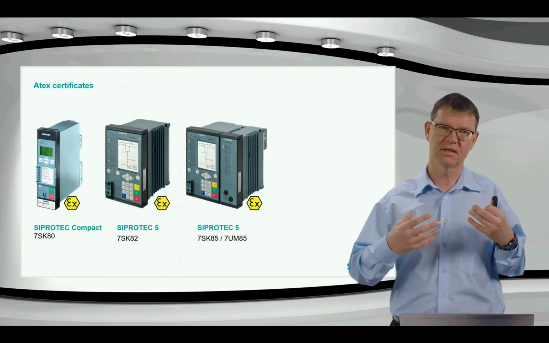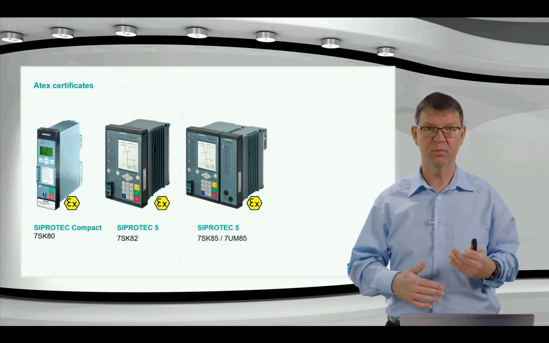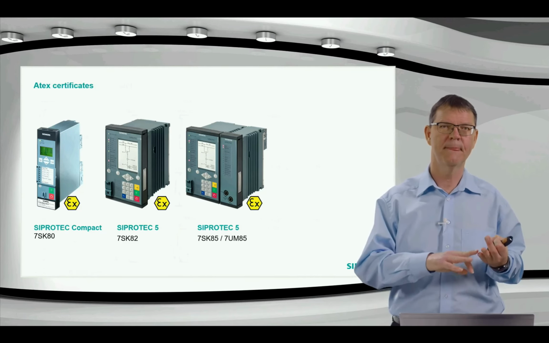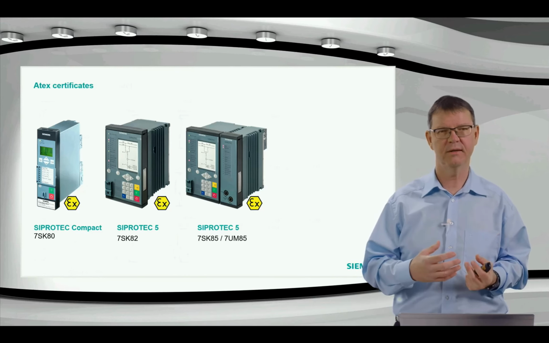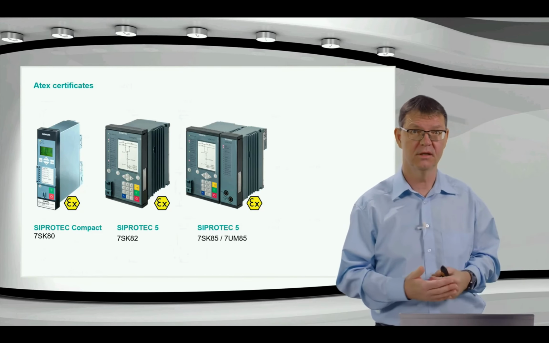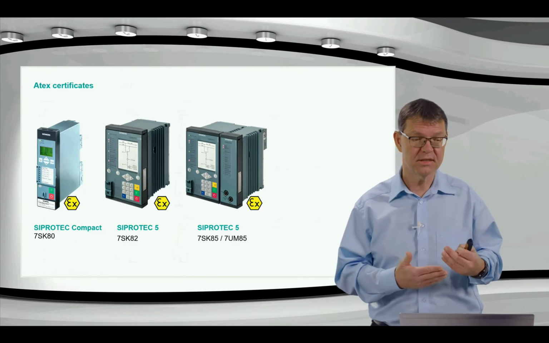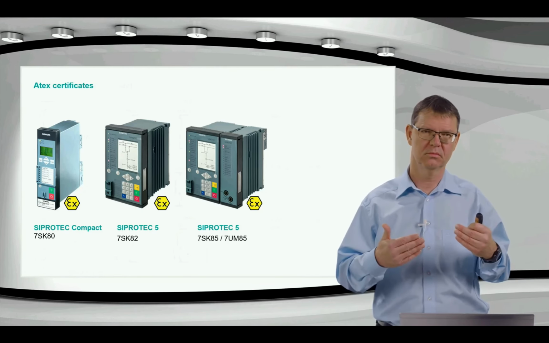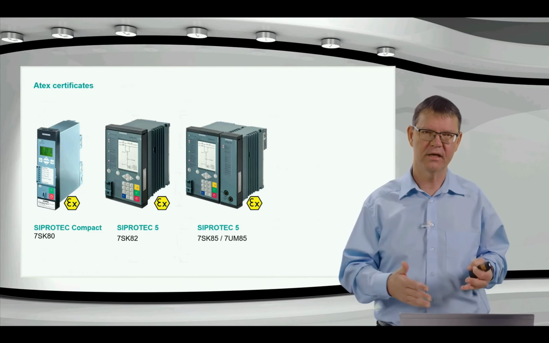Simply because for these ATEX certificates, there is a certain effort behind, and this effort regards the firmware of the device and the hardware of the device. So we need to qualify or guarantee and prove also versus the certifying institute that we have a certain minimum range or minimum value of outages, failures of the relay.